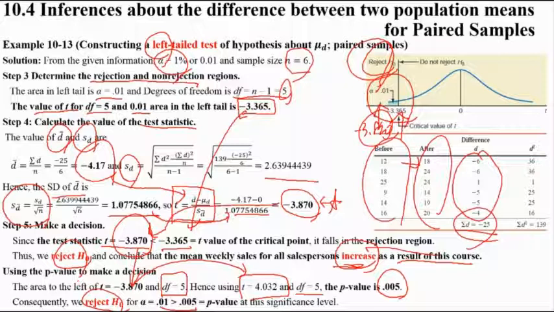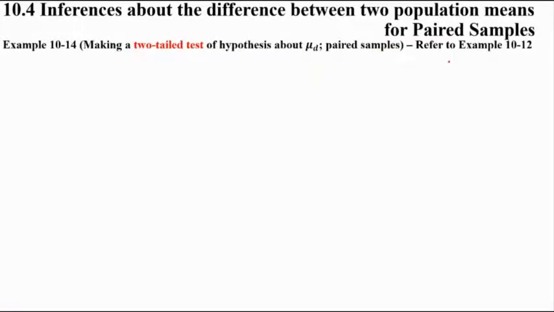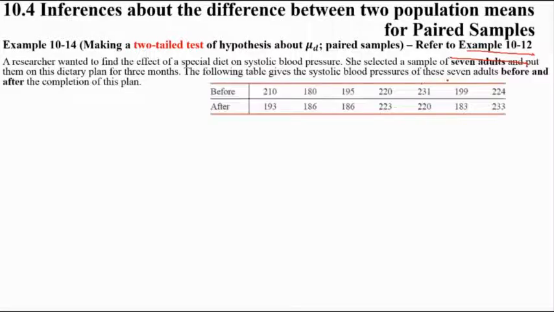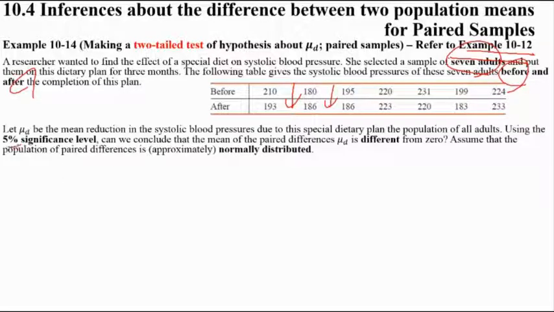Alright, okay, one more question. This one is actually from example 10-12. Same question, blood check. So after, before, 6 adults, before and after. You can check. The only difference is the significance level is 5%. And the difference, right?